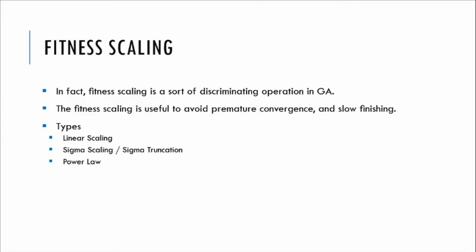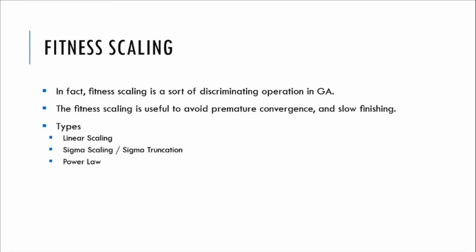And slow finishing is when the algorithm keeps going on and takes too much time to complete. So in order to overcome these two conditions, you can use the fitness scaling.